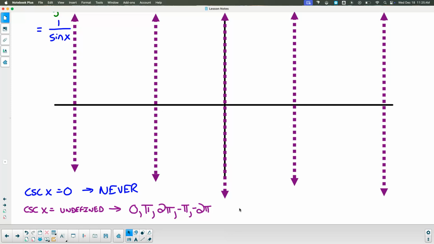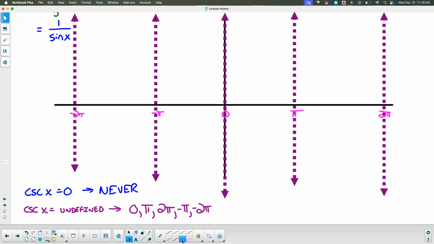Remembering, can we cross it? Any of those? Can't cross any of those. Okay? What's the next easy value to find? 1.